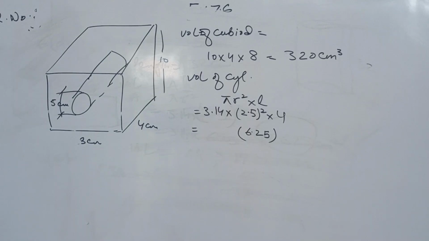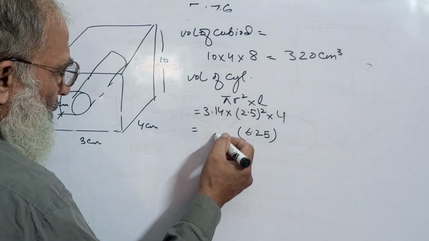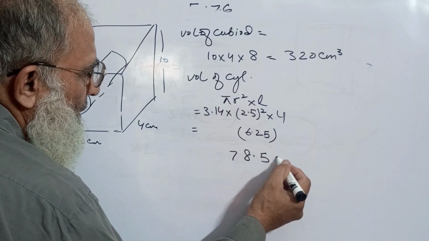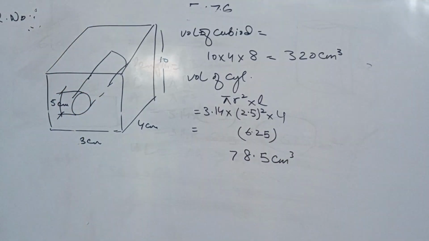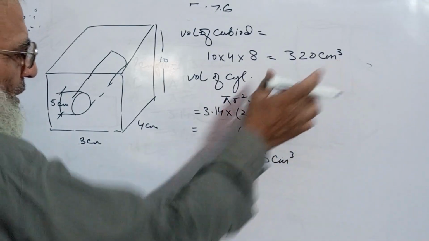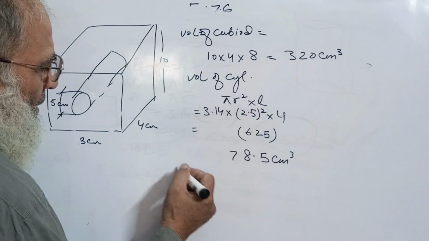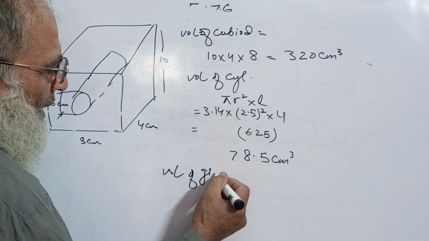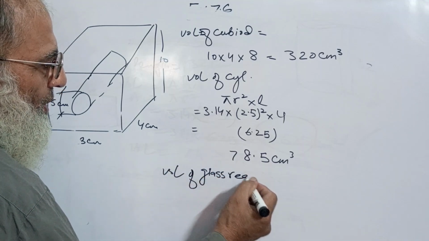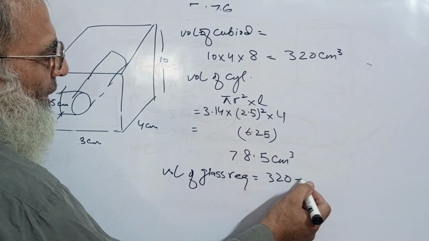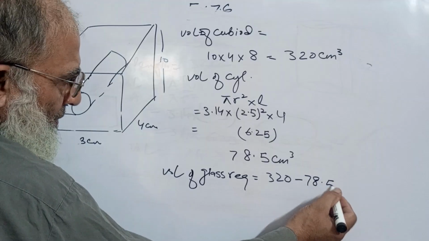Multiplied by 4, it will become 78.5 cubic centimeter. So if I subtract this volume from this volume, the volume of glass required is equal to 320 minus 78.5.